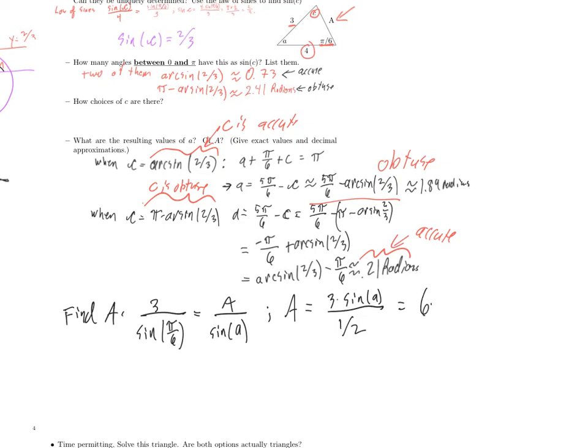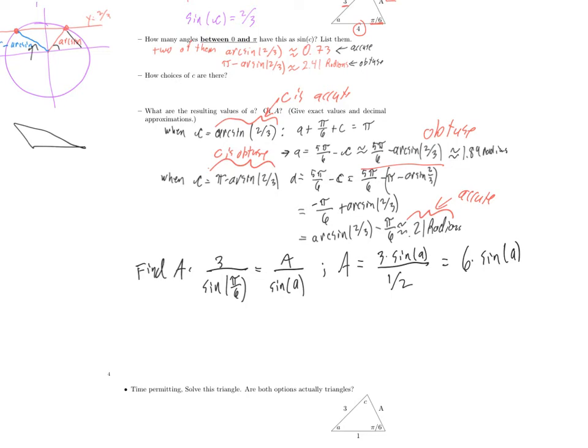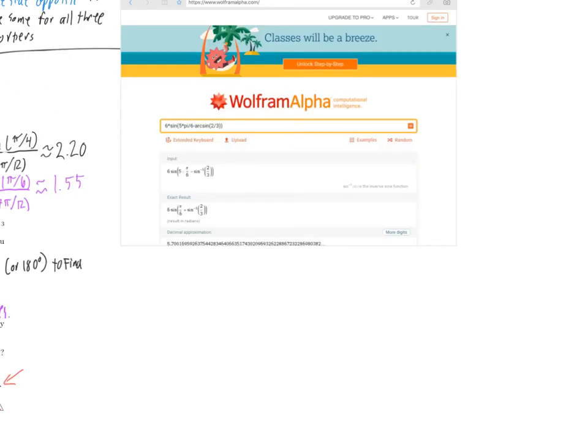So this will be 6 times the sine of angle little a, when a equals 5 pi over 6 minus arcsine of 2 over 3. What do we get? Well, let's use a machine to plug it in. Here it is in that case. It looks like I get that side length is approximately 5.7.